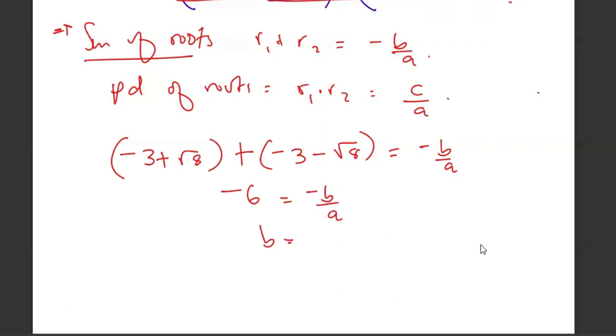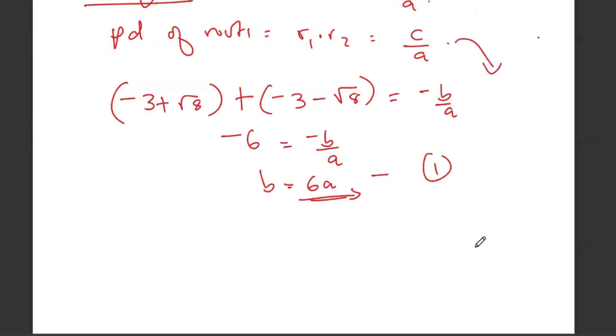So b is going to be 6 times of a. I'll call this equation 1. And then from the product part of it, we said negative 3 plus root 8, and then negative 3 minus root of 8 should give us the c, which is a negative 8 over a.